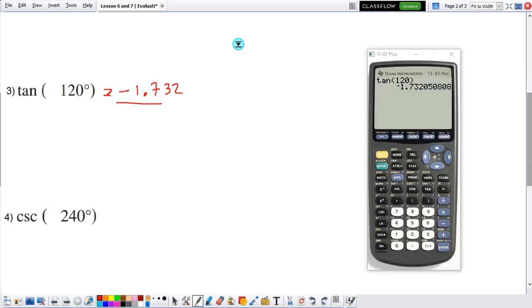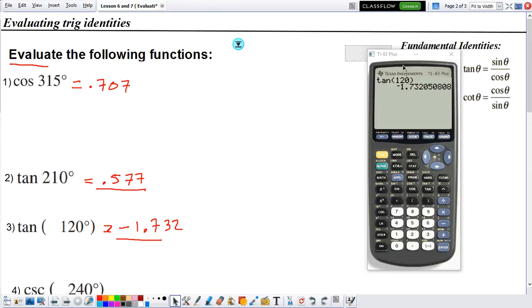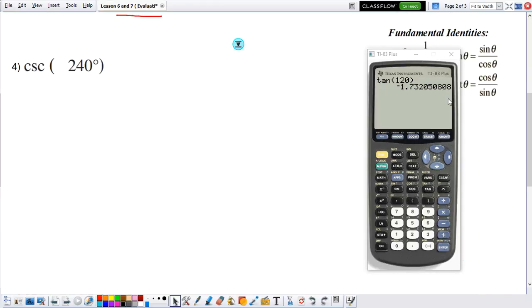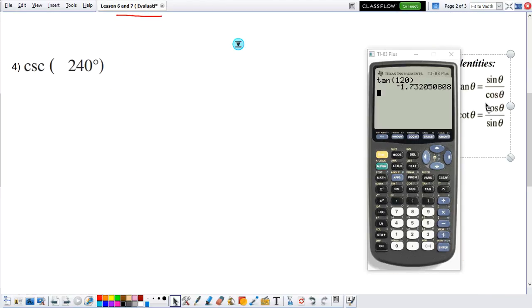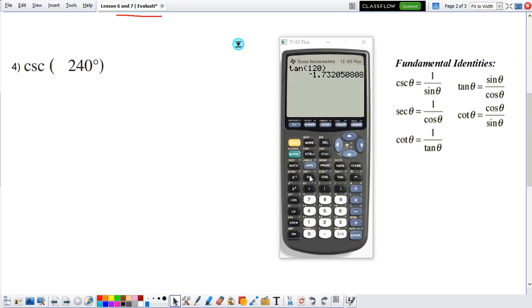In example 4, we want to find the cosecant of 240. But notice that there is no cosecant button on your calculator. The calculator only has sine, cosine, and tangent, but I want to know the cosecant of it.